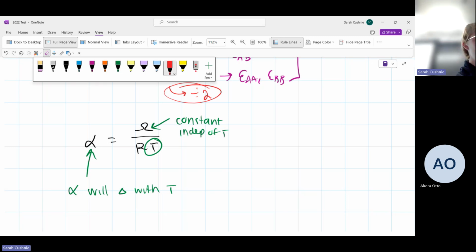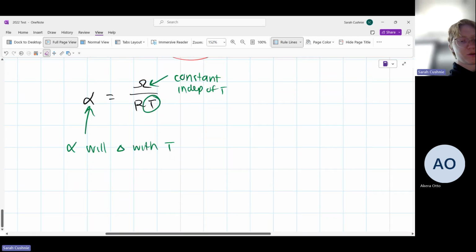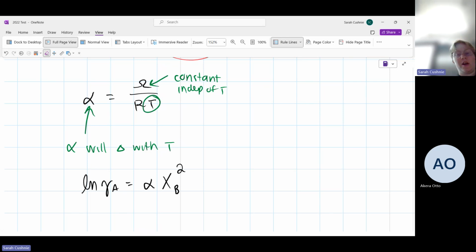Essentially, we can define an equation, ln gamma A is equal to alpha x b squared. I don't remember the full derivation to get this, but this is another equation you can use to relate our activity coefficient to our mole fraction, right? There's a bunch of funky math derivations, but using this equation, we can solve for this value called alpha.